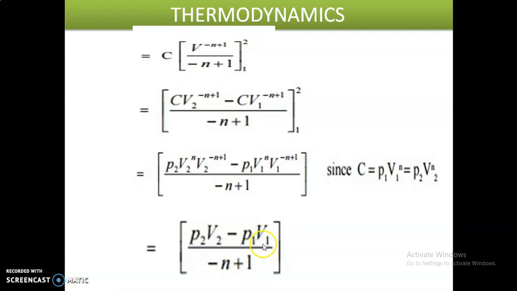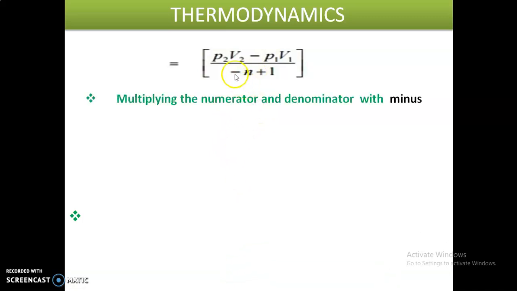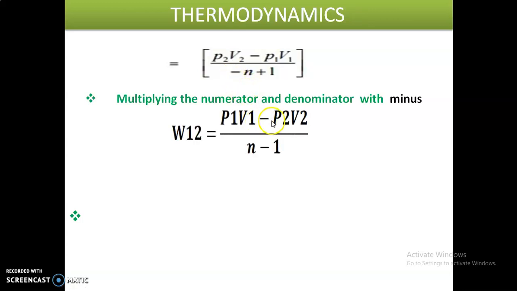If you multiply the numerator and denominator of the above equation by minus, we get P1 V1 minus P2 V2 divided by n minus 1.